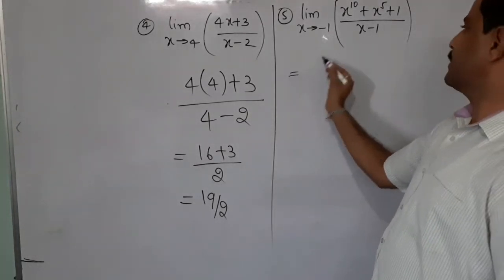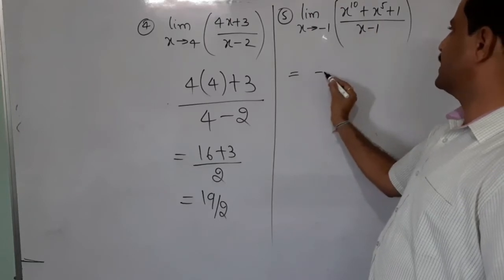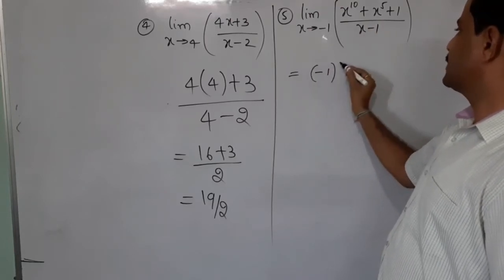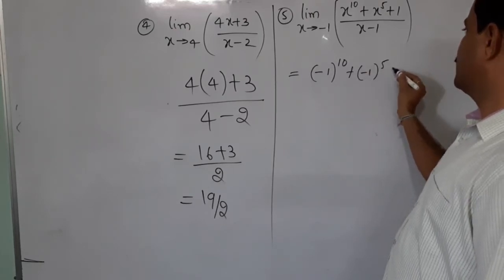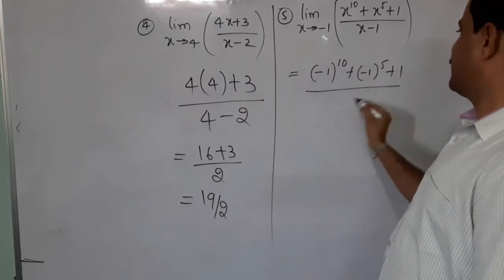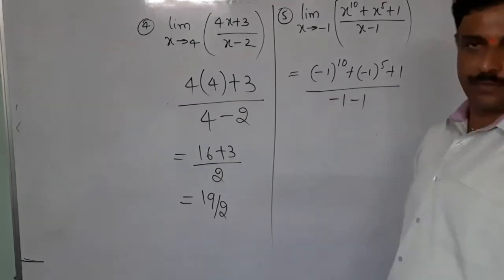Nodi correct? Limit x tends to minus 1. So here also you apply direct, apply ಮಾಡಿ. So put in the place of x is equal to minus 1 whole to the power of 10 plus minus 1 whole to the power of 5 plus 1 divided by minus 1 minus 1.